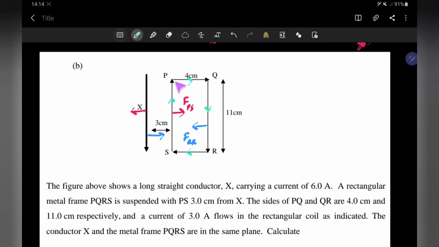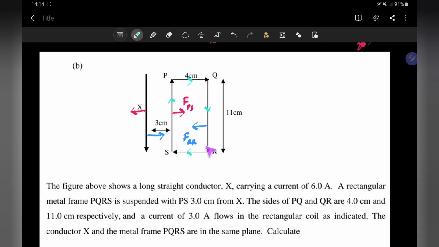So for this part, the repulsive force exerted on it is FPS, the force on PS by X. At the same time, a force is also exerted on QR, which is parallel with X. But according to the situation, the current through both wires is the same, downward and downward, isn't it? So they will attract each other.